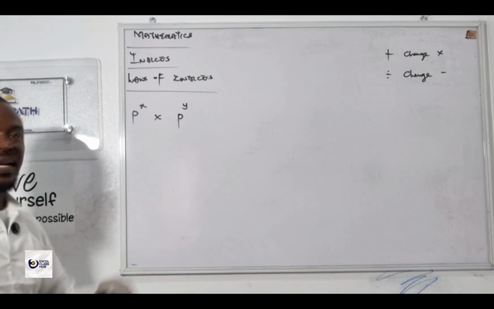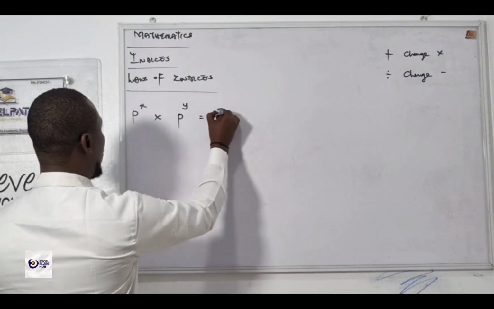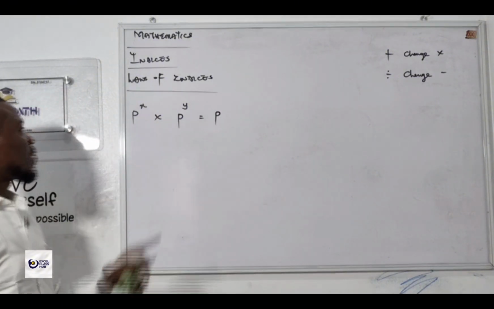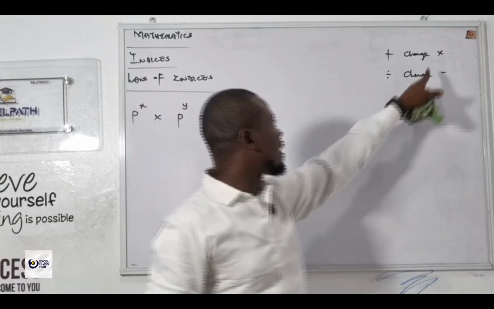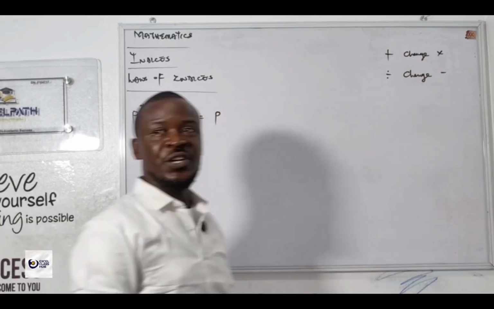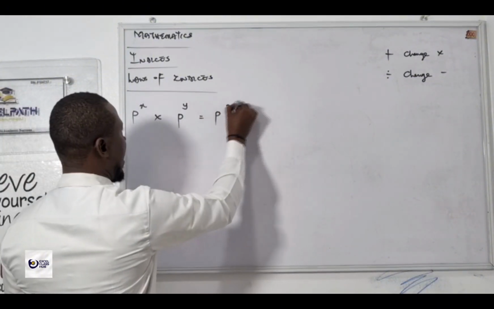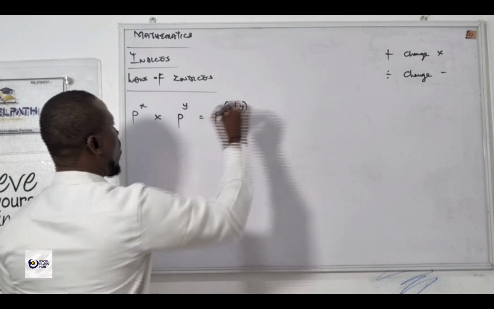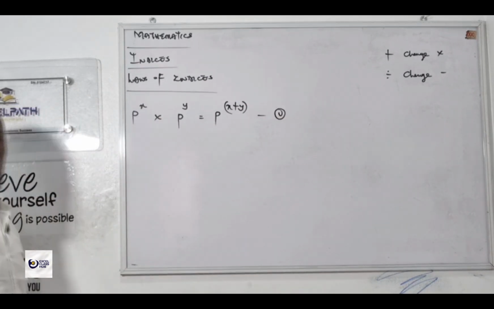The bases are the same. Whenever you're solving a question and the bases are the same, you pick only one, which is p. And remember, this sign is multiplication, so it changes to addition, which affects the power. So I have x plus y. That is law 1.